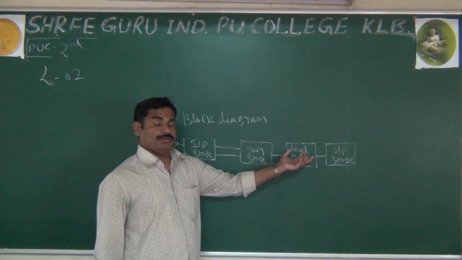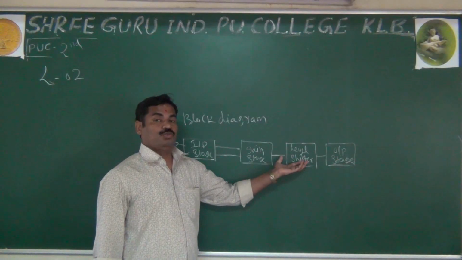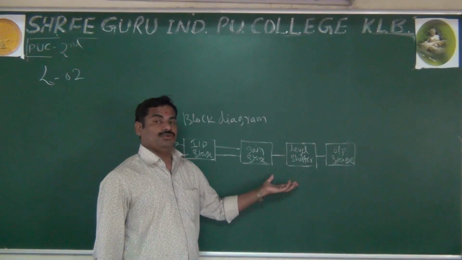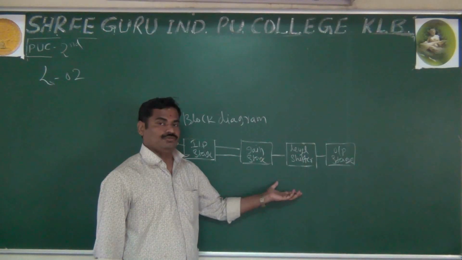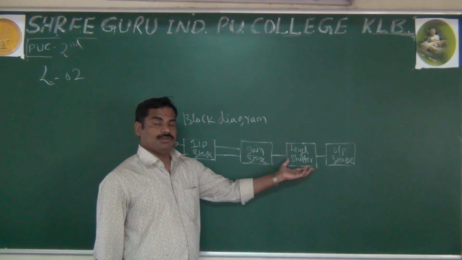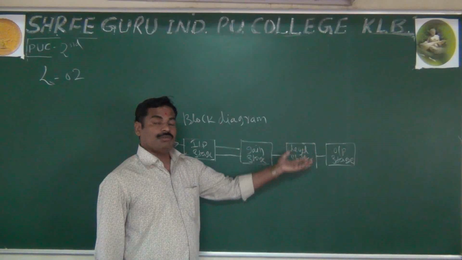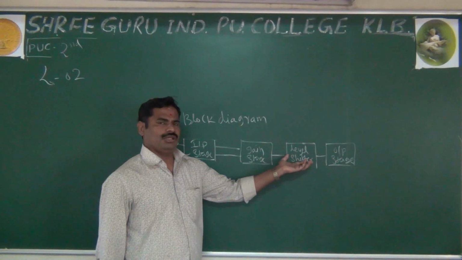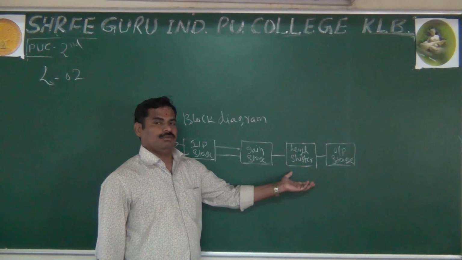By using the level shifter, you can shift the DC level, or reduce the output DC voltage to zero. That DC level can be reduced by using your level shifter. That is nothing but an emitter follower or common collector amplifier.